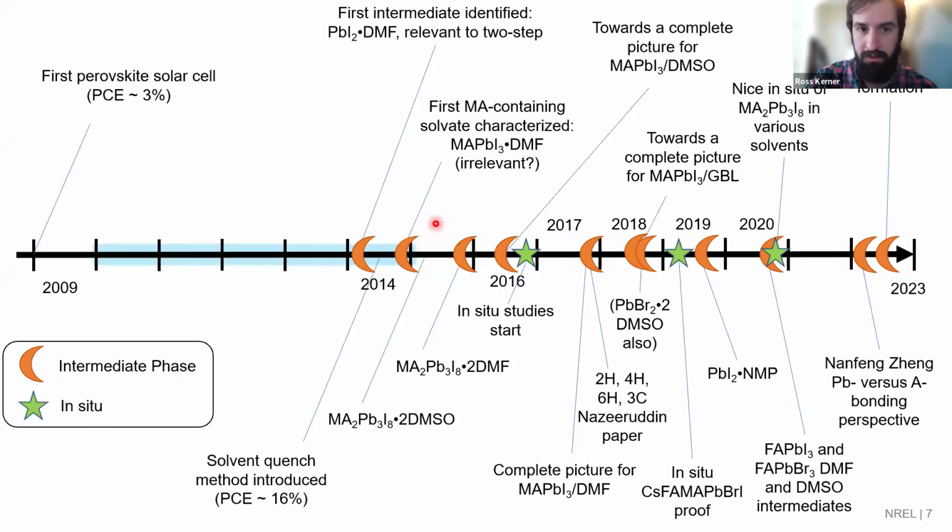And then there were a few years where the in situ studies lagged behind us identifying the exact structure of these intermediate phases. And now there's kind of an explosion of all kinds of phases databased and many, many more in situ phases. I should probably have a huge density of stars out at this end. But that's kind of how we got to this place that we're at now. First, we were doing lead iodide solvates, and people figured out how to do that. And then the one-step came along, and now the number of phases and intermediates really exploded.